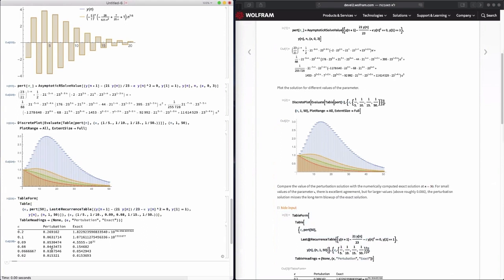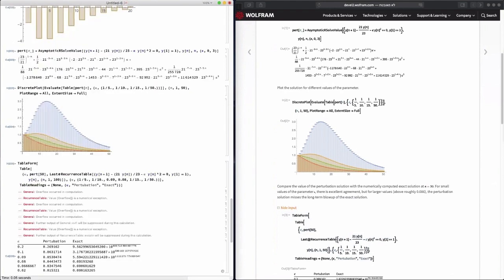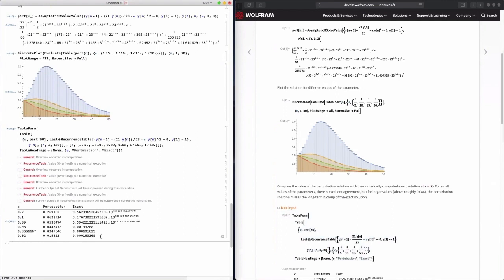For 0.08, there isn't any longer such great agreement between the exact and the numerical, but at least you can see it's not really blowing up. And if you were to extend the number of terms, so change this 50 to say 100, then you'd get overflow, but you'd see that the exact solution is in fact going to 0. If I want this to be a meaningful comparison, I need to change that 50 also to 100.